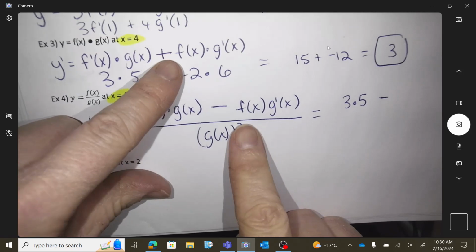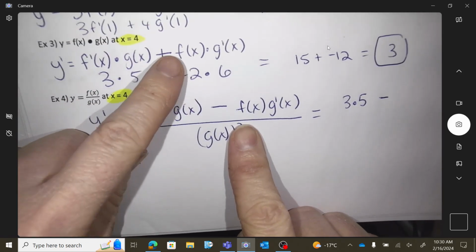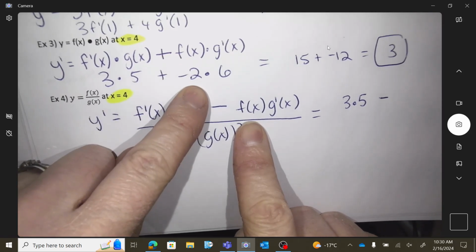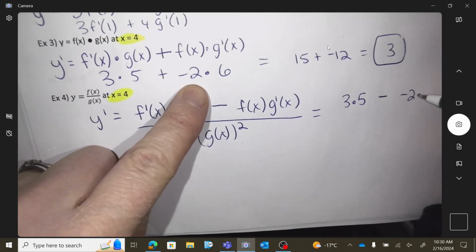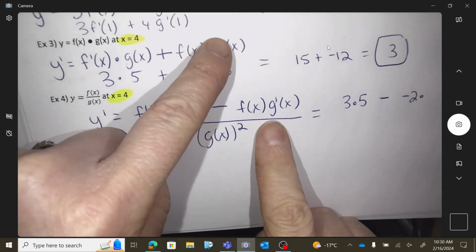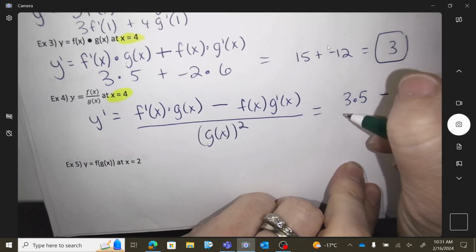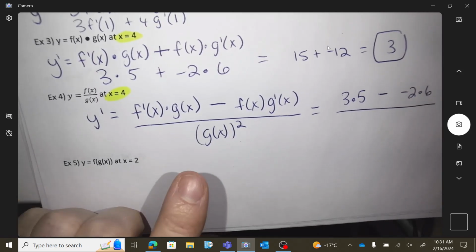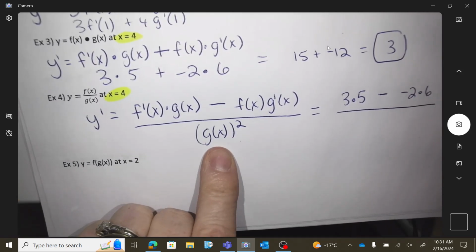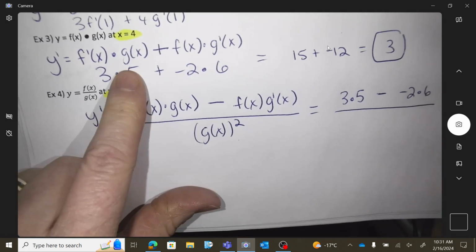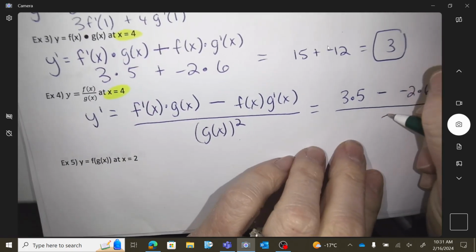Minus, I'm just going to copy here because it was the same X value. The original F was -2. And then the G prime was 6. Divided by the original G, which number is the original G? 5 squared.